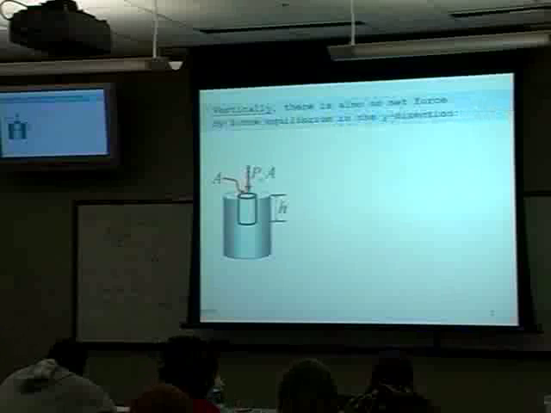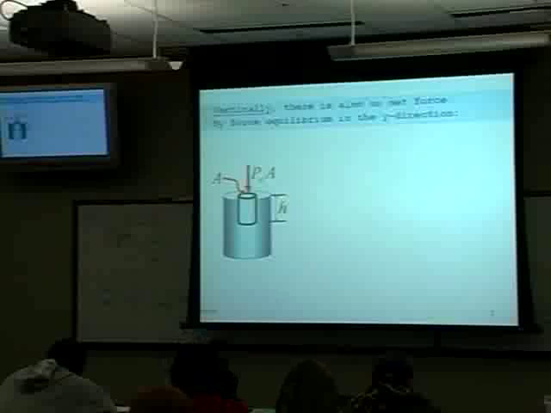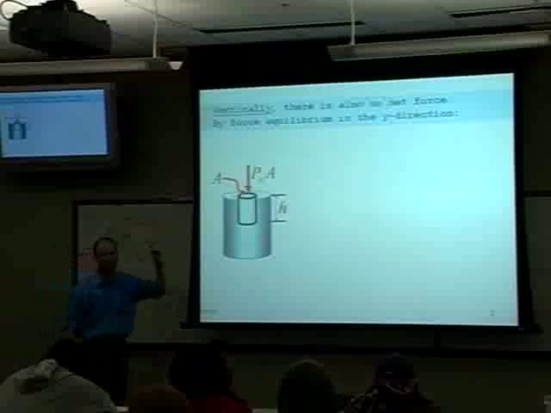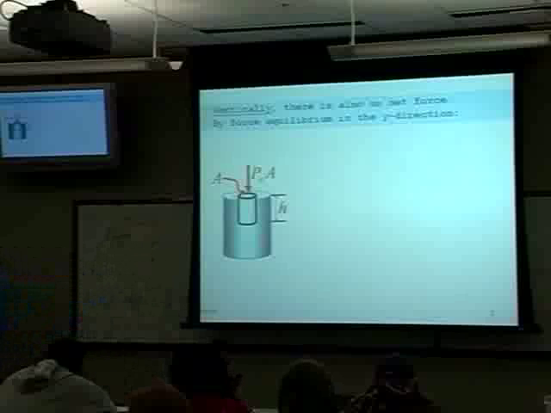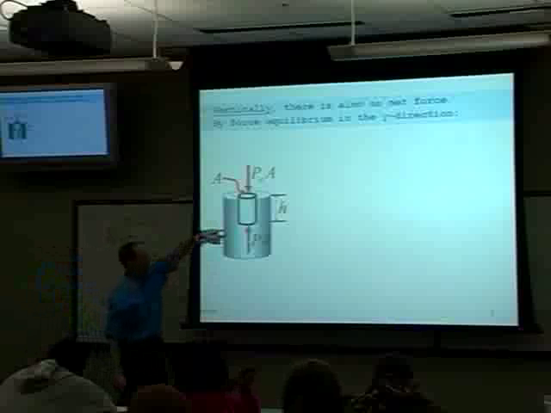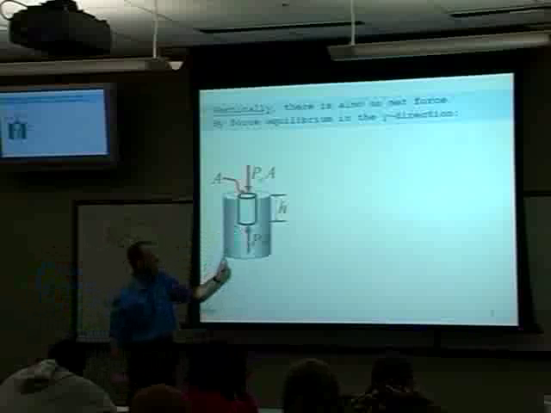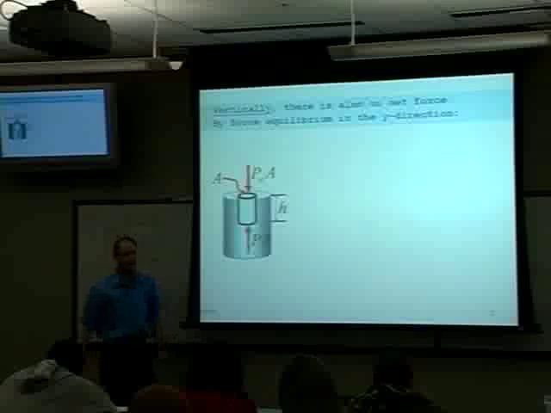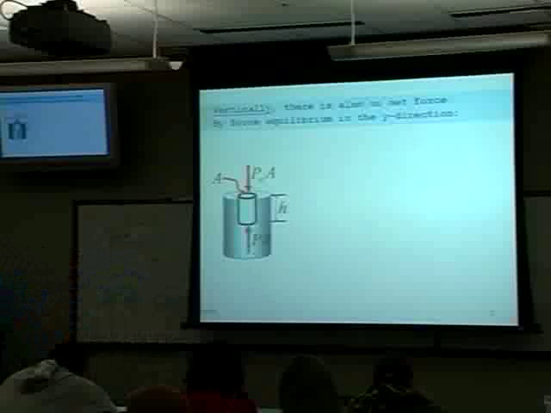So I got the force of the pressure above it, which I'm going to call P naught times A. P naught just being the pressure at the top. I got the force of the pressure below, which, I'm going to say the pressure right at that depth is P. So that force would be P times A. And then I've got the weight of the can of fluid itself, mg, pulling down.